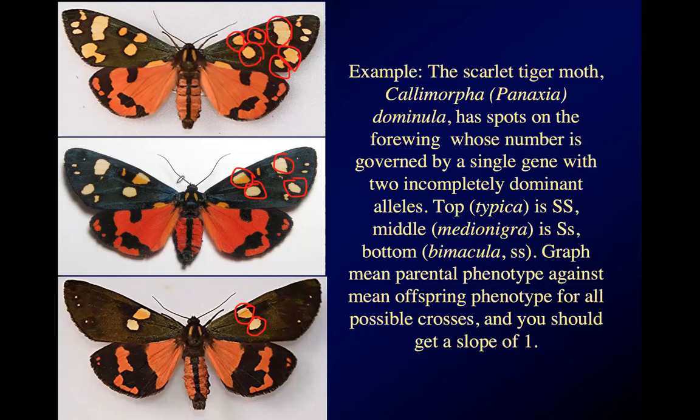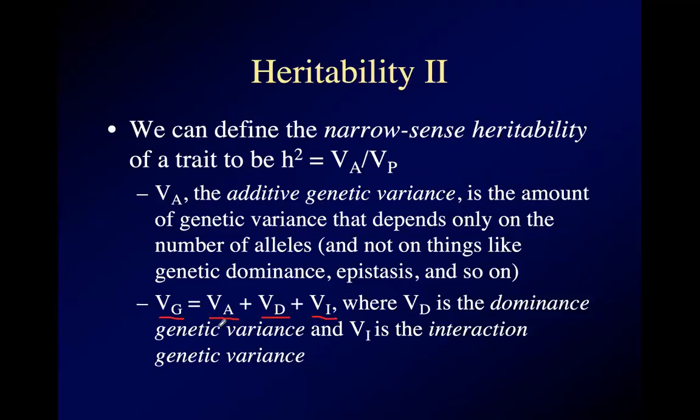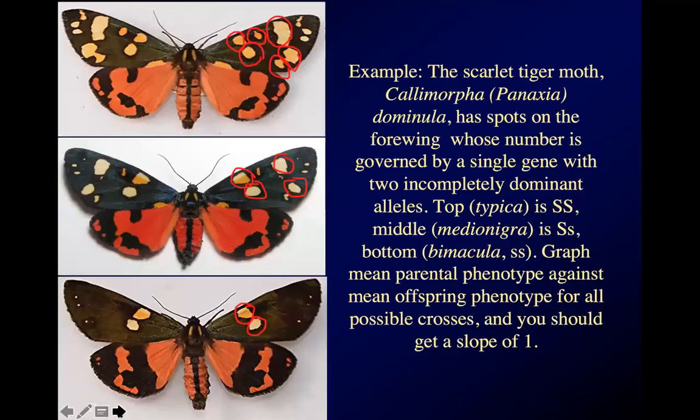So part of what makes all of my cats different from each other is not just the fact that they've got different genes, but the fact that the genes are interacting with each other in different ways. So that's the difference between additive genetic variance, which is due purely to the number of copies of alleles that you've got, genetic variance due to dominance, and genetic variance due to interactions among genes.